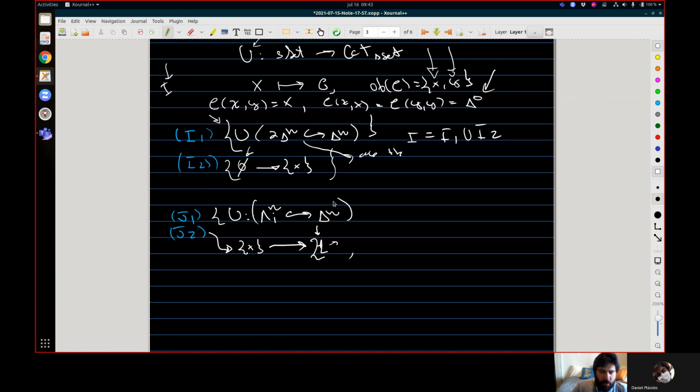But I'll say that all hom sets of H are contractible, or that is to say that this morphism here is a weak equivalence, and that they are all not the empty category.